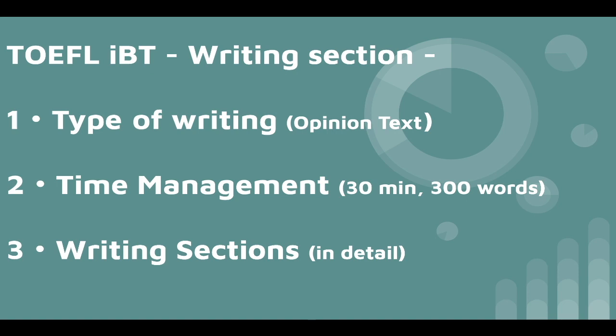Basically, what do you believe in? Okay, number two, time management. You only have 30 minutes to write 300 words. So yes, you cannot take your time. You have to roll with it. And last, you need to know what to write and where. I'll go into that in detail later.